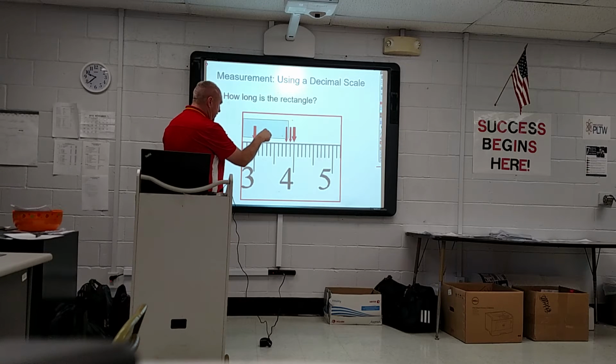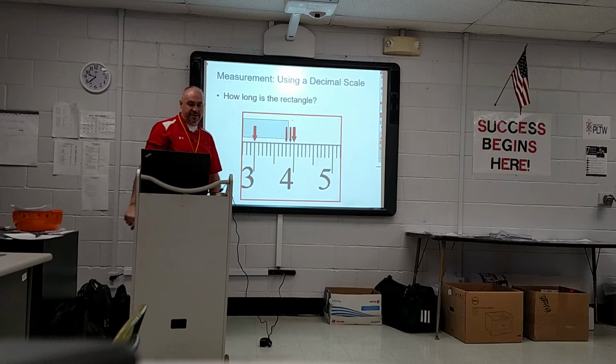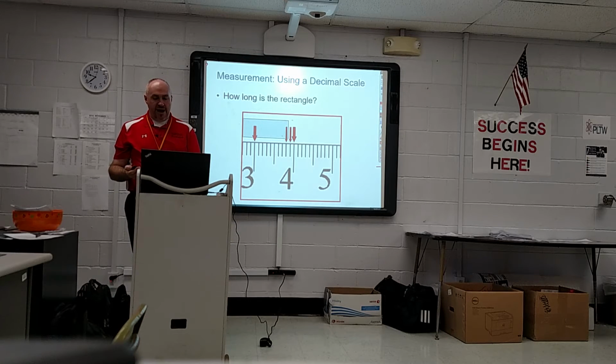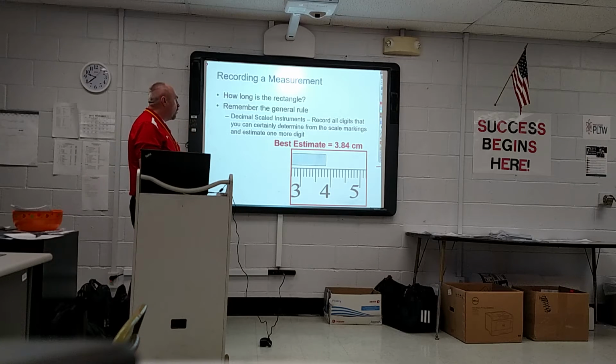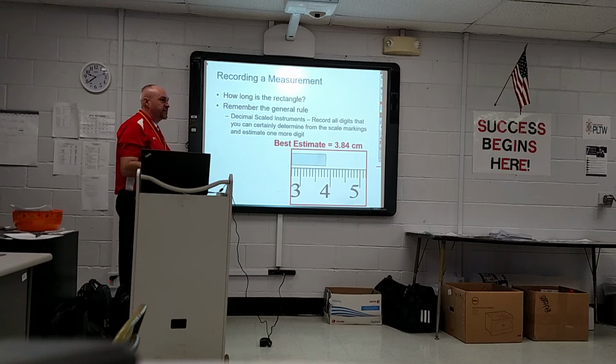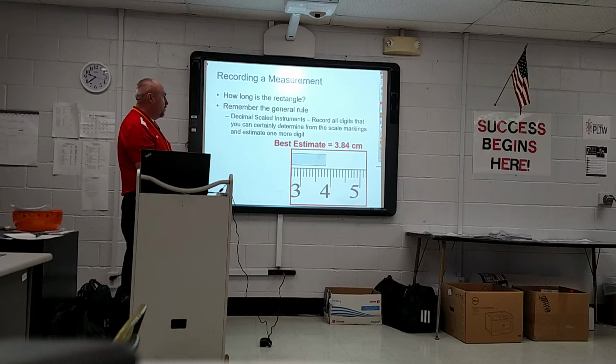Is this in the center? Or is it closer to the 8? Or is it closer to the 9? For instance, in this particular case, it looks as though this is exactly in the center. So we could say that this measurement is 3.84, or even I would accept 3.85 centimeters, because remember, error is unavoidable when you're getting down into small numbers such as this.